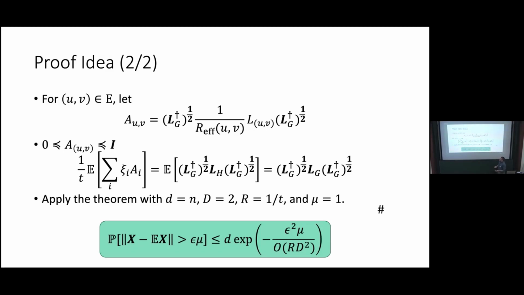I want to show this application because here we can see that these matrices A_i are bounded by the identity matrix, but actually the sum of these n times log n matrices divided by log n is the identity.